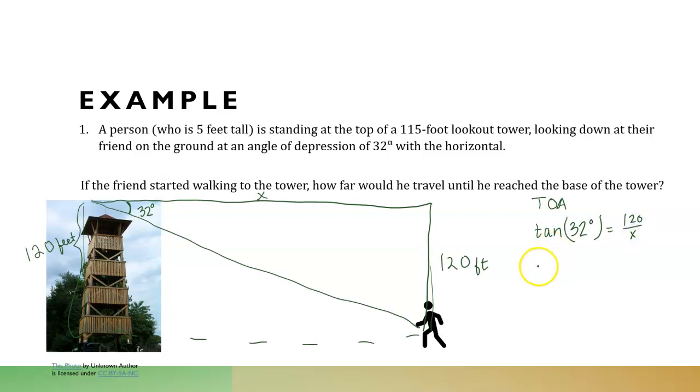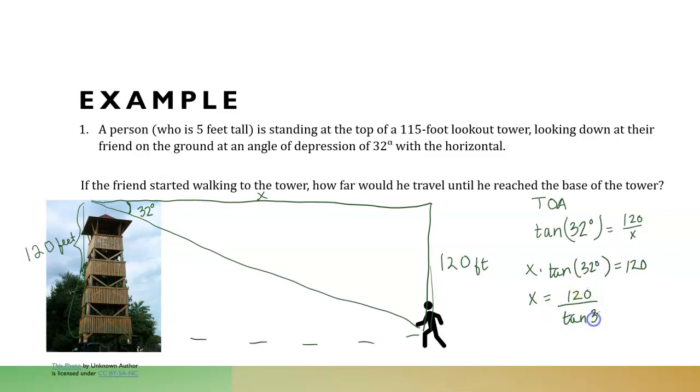I'm going to blow up the tangent house by doing tangent inverse. Oh, no, I'm not. I don't have x inside of the house. I apologize. I'm not going to do that. I'm going to multiply by x. So I have x times tangent of 32 equals 120. And then I'm going to divide by tangent of 32.